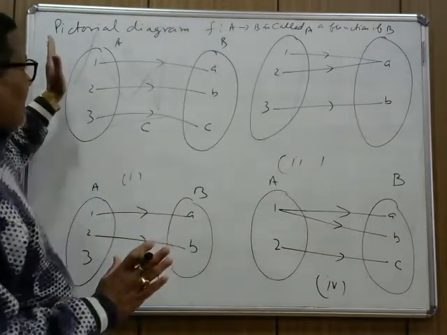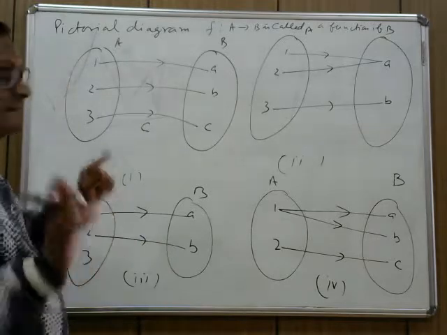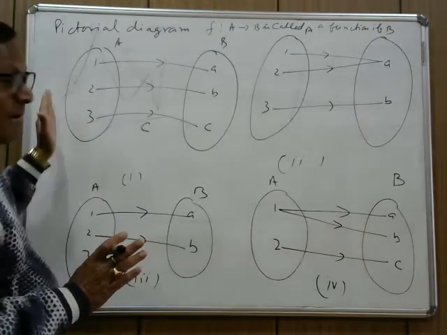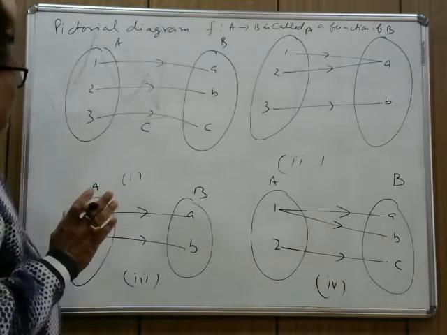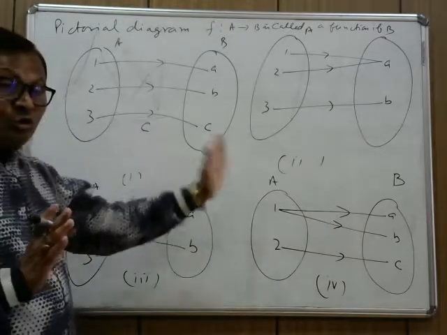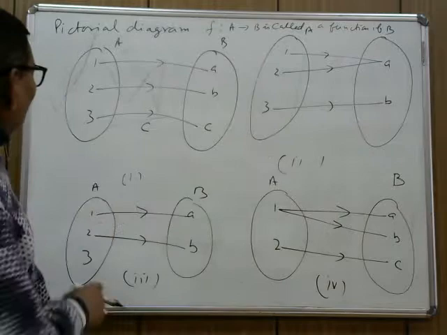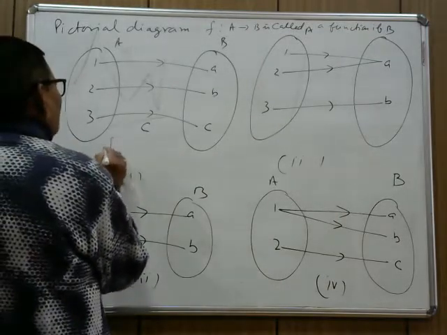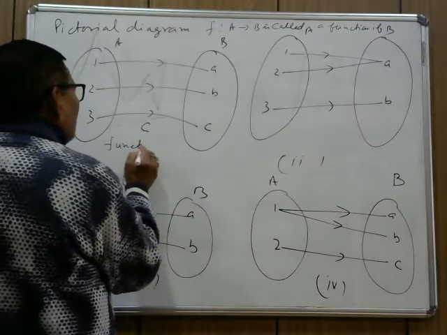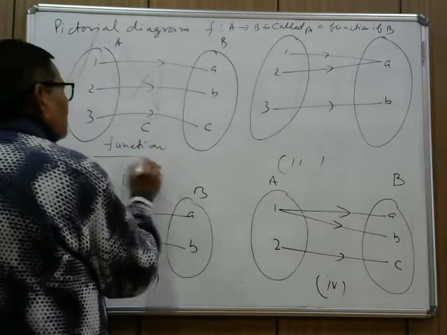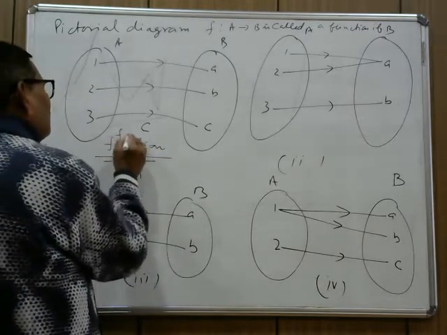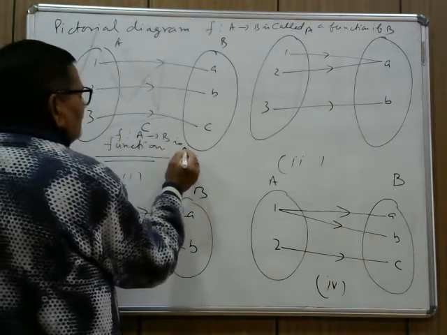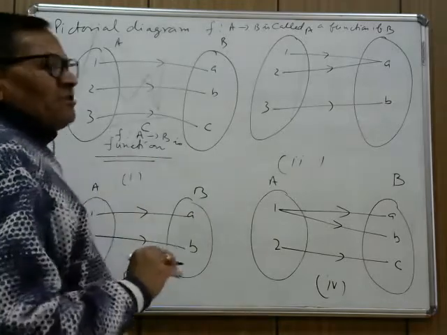So the first condition is that all the elements of A must have an association, and the second condition is that each element of A is uniquely associated. So what can you say about the first? It is a function, because both conditions are satisfied. A to B is a function.